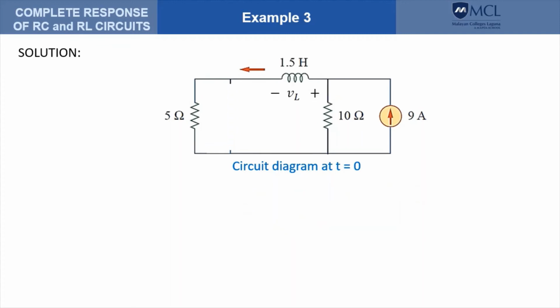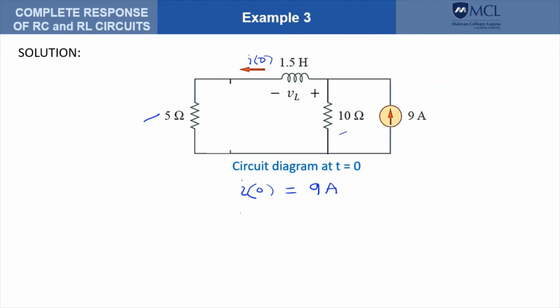This is the circuit diagram at exactly t equals 0. So the switch is now open and the 5 ohm resistance is not anymore shorted and therefore plays a role in the behavior of the circuit, including the 10 ohm resistance. So the current at t equals 0 is still the same as the current before the switch is open because the current cannot change instantly.